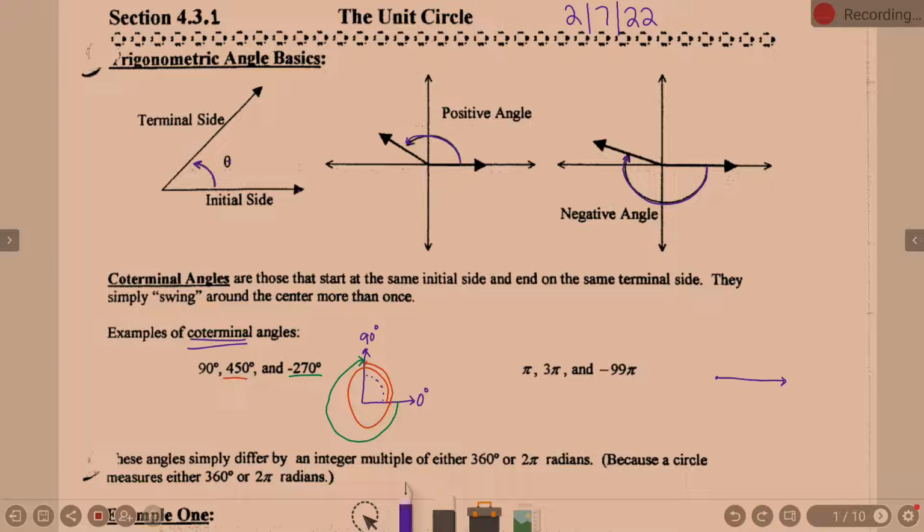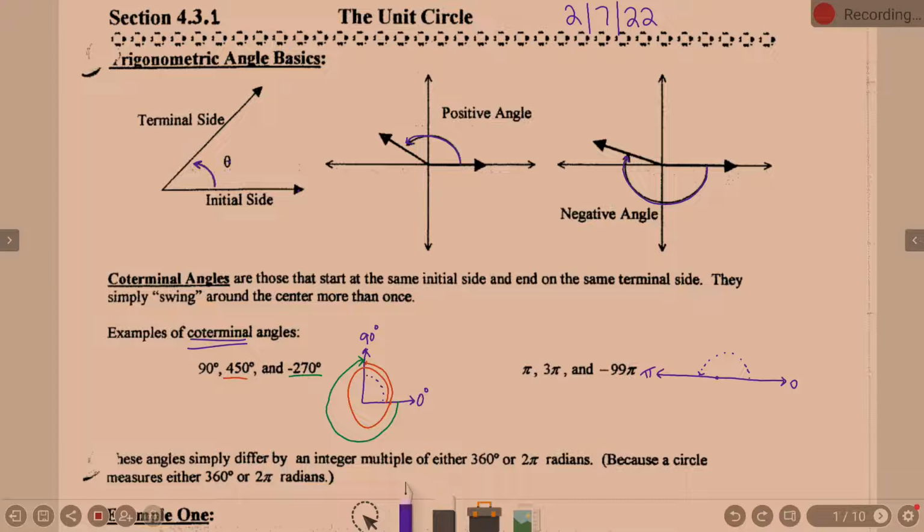So what's pi? Halfway around the circle. So right here, that is pi. Starting at 0, that's pi. Also 180 degrees if you need that equivalence, but it's pi.